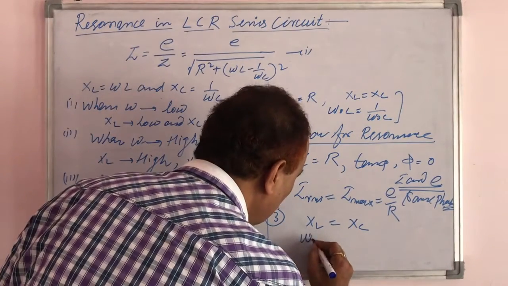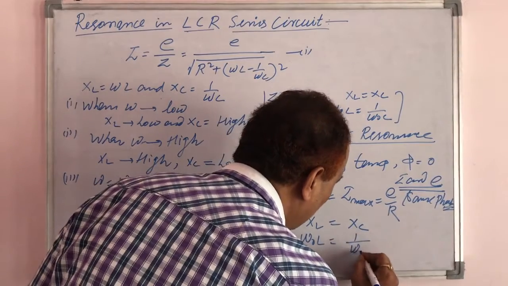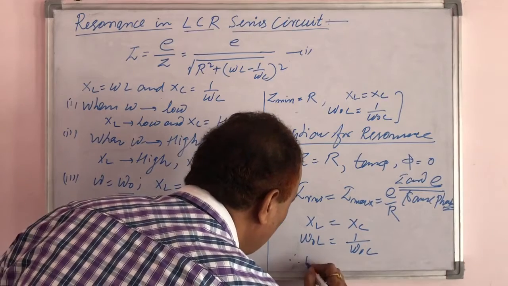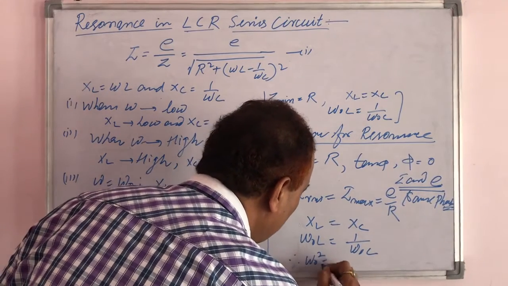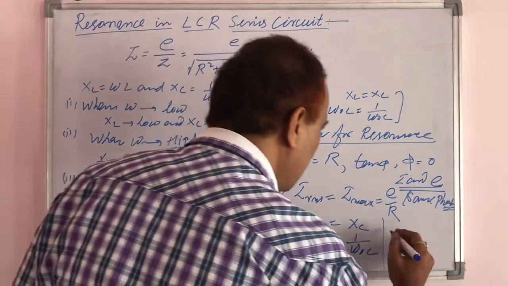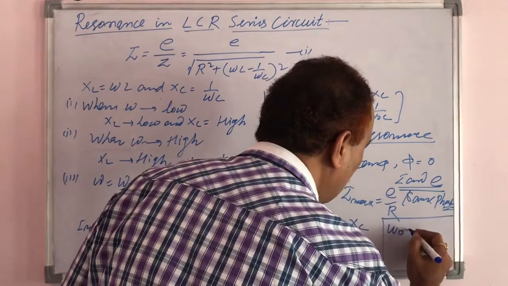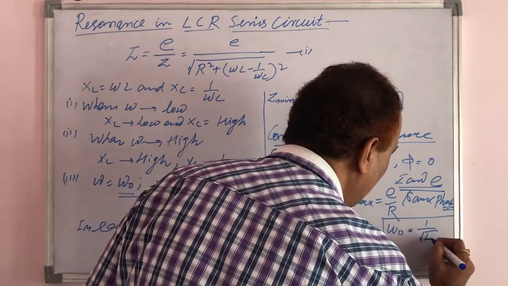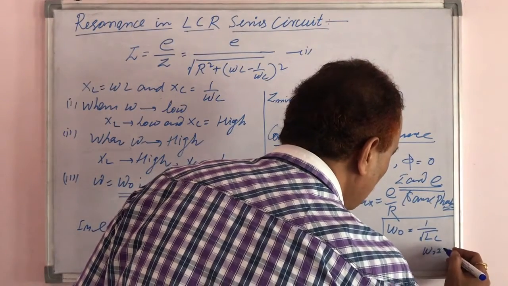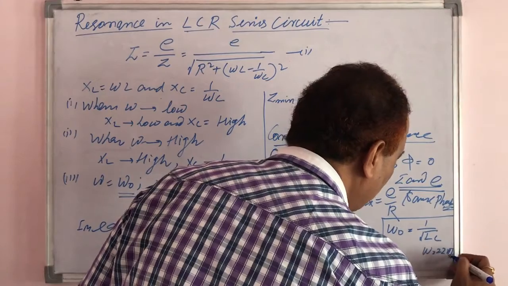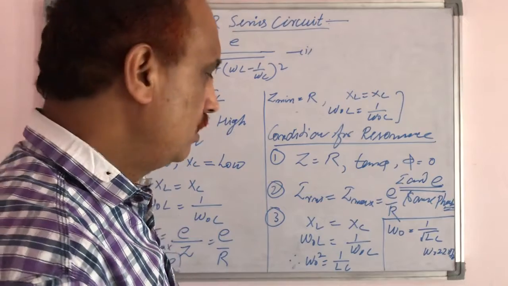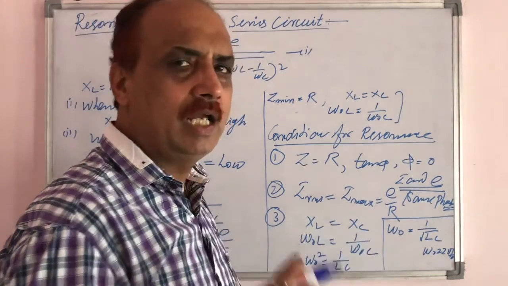In that situation, omega naught L will be equal to 1 upon omega naught C. If you cross multiply, the value of omega naught square will be equal to 1 upon LC, and now taking the square root on both sides, omega naught will be equal to 1 upon square root LC, because omega naught equals 2 pi f naught. F naught is the resonant frequency, but omega naught here is the resonant angular frequency.